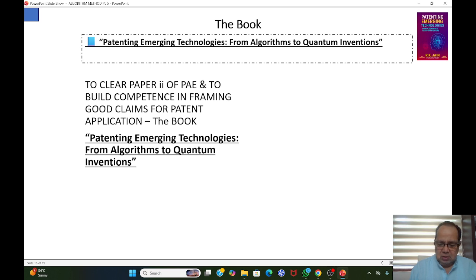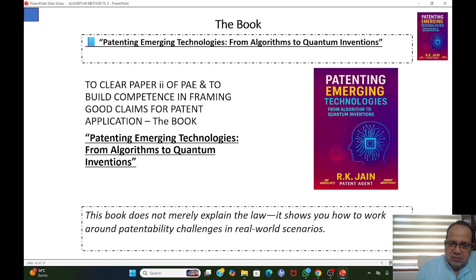So to answer questions like these and to build the competence of making your algorithm-based invention patentable, and with respect to questions in the patent office, we have brought in a book, Patenting Emerging Technologies from Algorithm to Quantum Inventions. This book does not really limit itself to explaining the law.